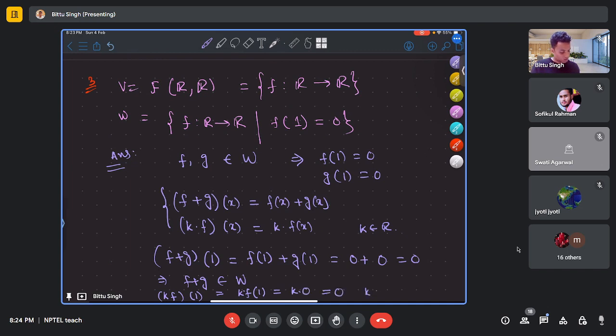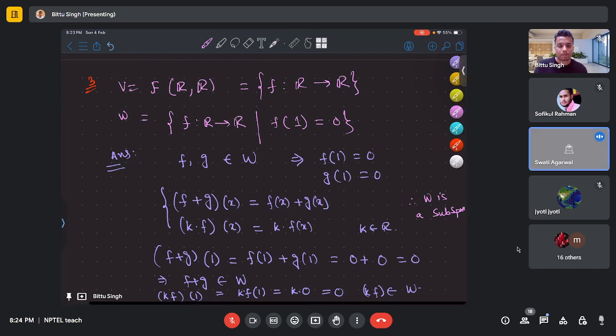So k times f also belongs to W. So W is closed under addition and closed under scalar multiplication. Therefore, W is a subspace. Swati, is it clear? Yes, sir.